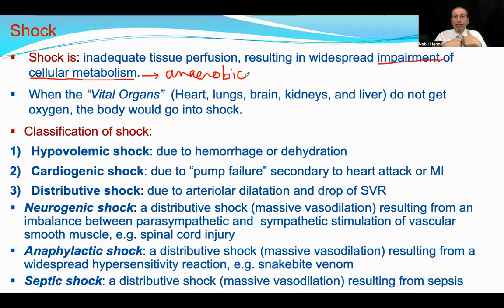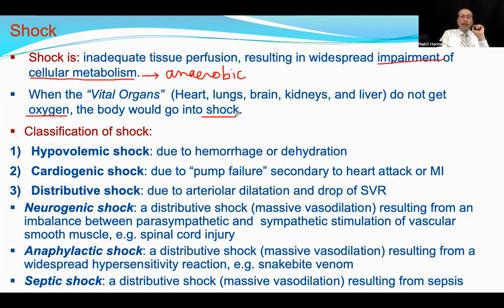If they do not get enough oxygen and their tissues are forced to do anaerobic metabolism, this is shock.